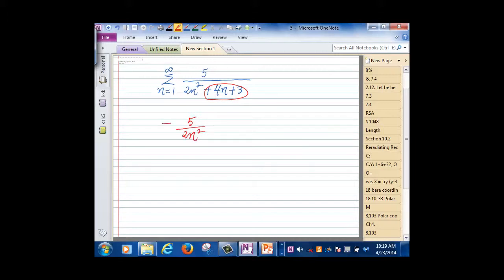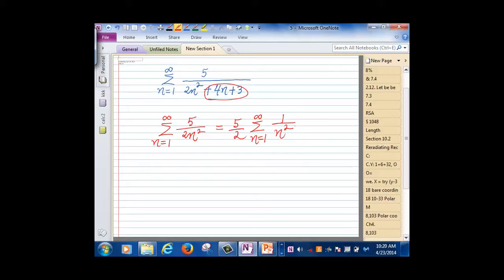So you have the sum n going from 1 to infinity of that, and that is equal to 5/2 times the sum n going from 1 to infinity of 1 over n squared, right?